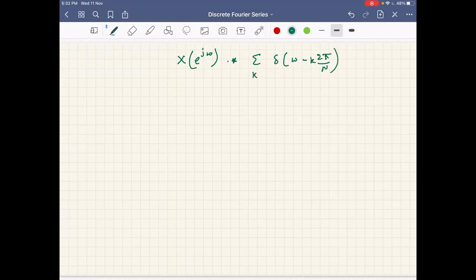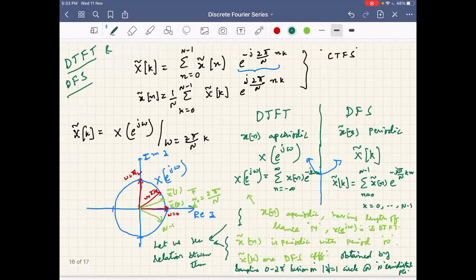And how many samples do we take? 0 to N minus 1, correct? So N samples we are taking. If we multiply, we get x tilde of k. So this is the relation that we have written here.